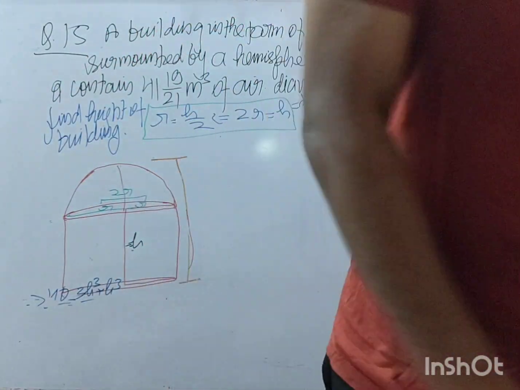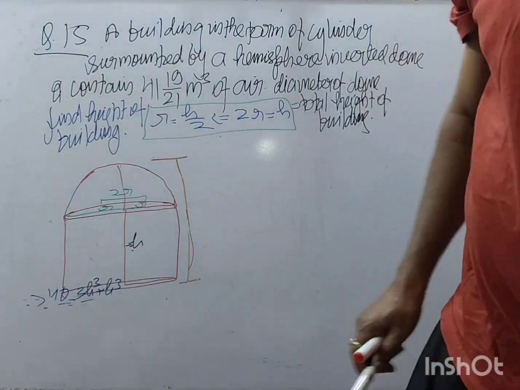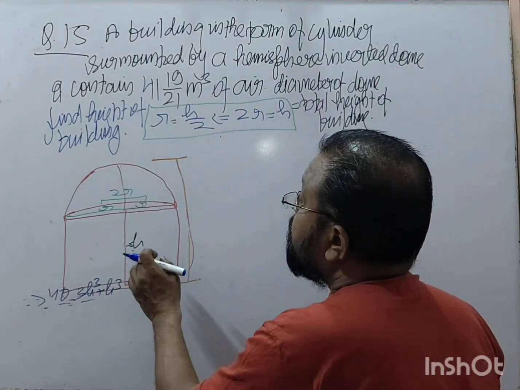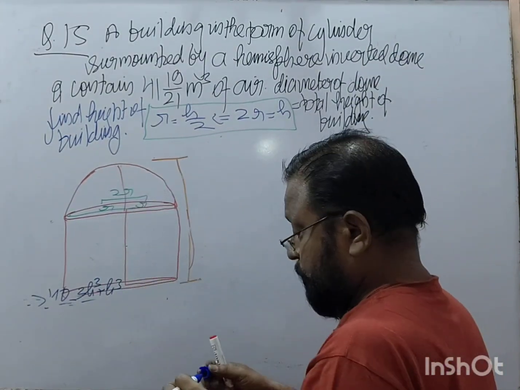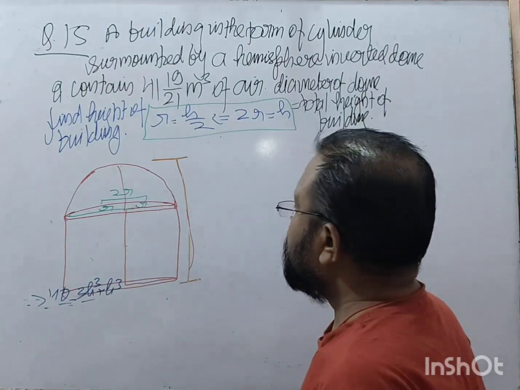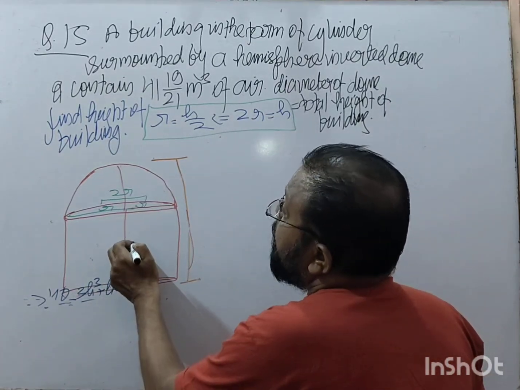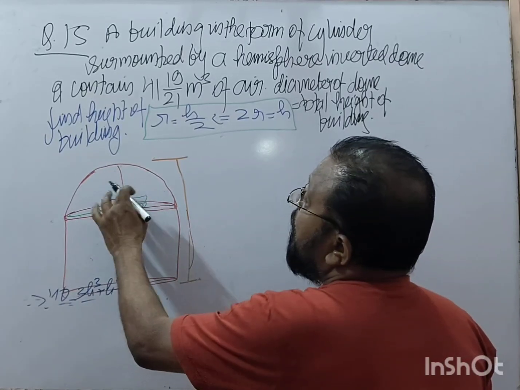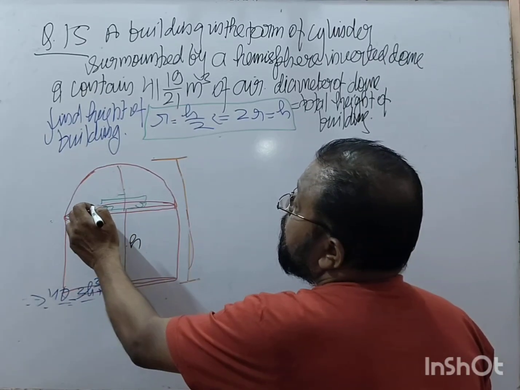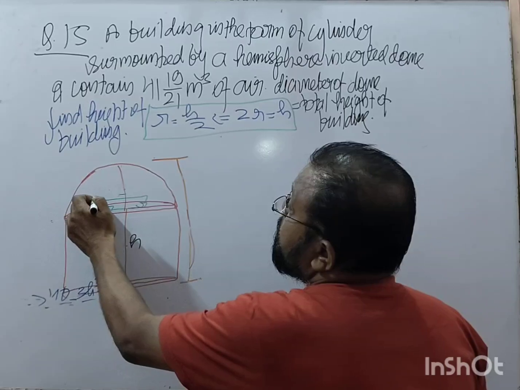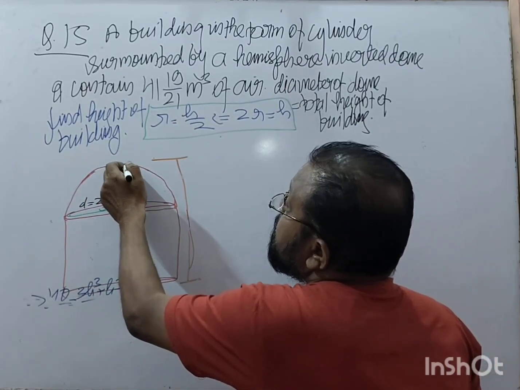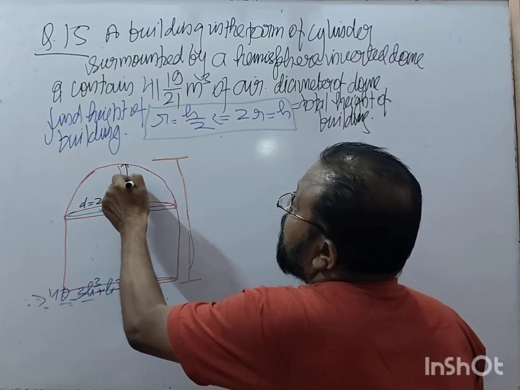As it is given, let this be the height of the cylinder, right? And this is the diameter, so diameter is equal to 2r, and this height is r.